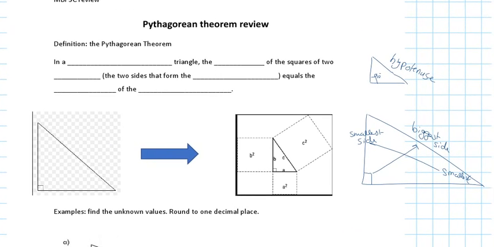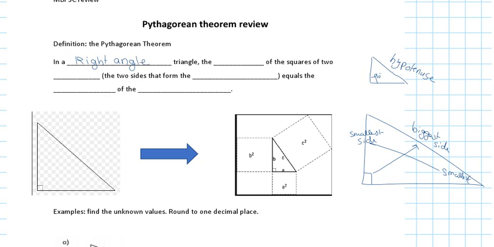So what Pythagorean theorem says is that in a right angle triangle, the sum, so the addition, of the squares of the two legs.